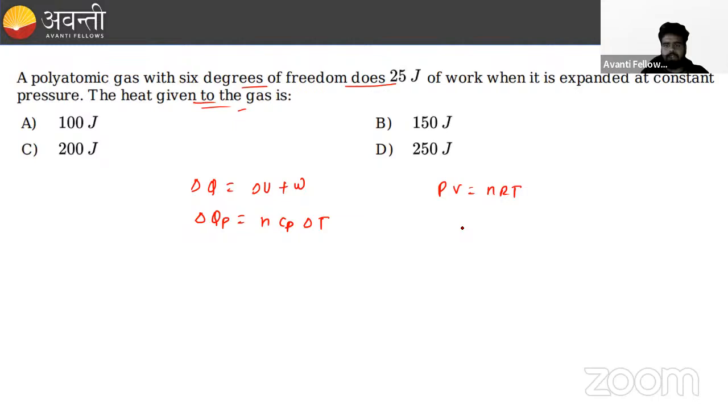We know what the value of Cv is, that is f by 2 R. We can say for the degrees of freedom, 6 is given. This will become 3R.